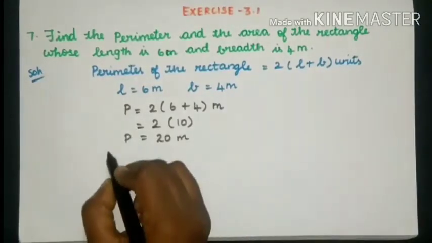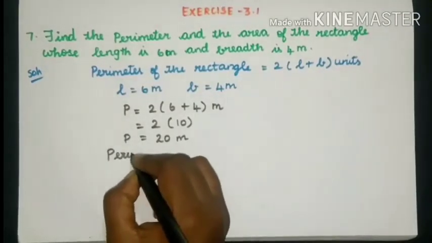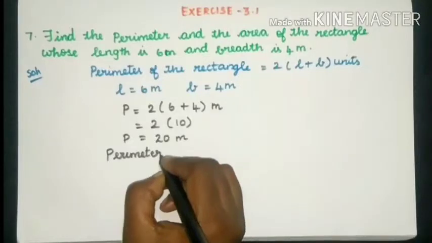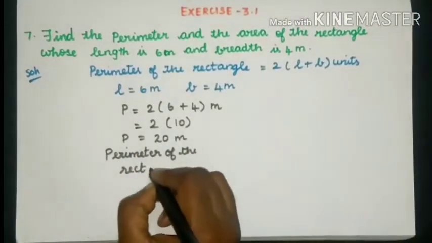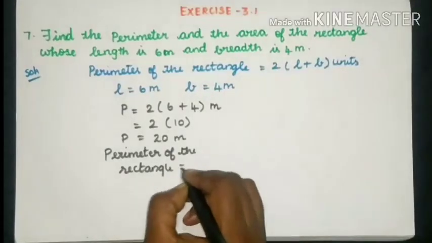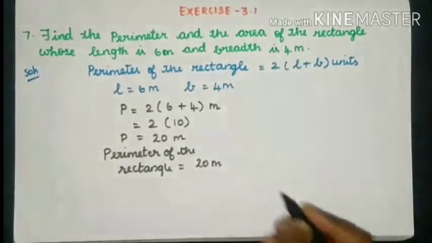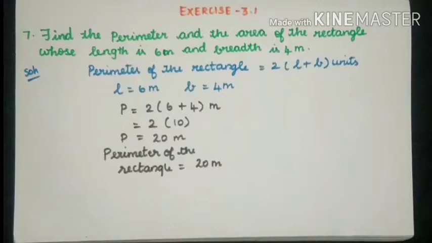Therefore, perimeter of the rectangle equal to 20 meter.